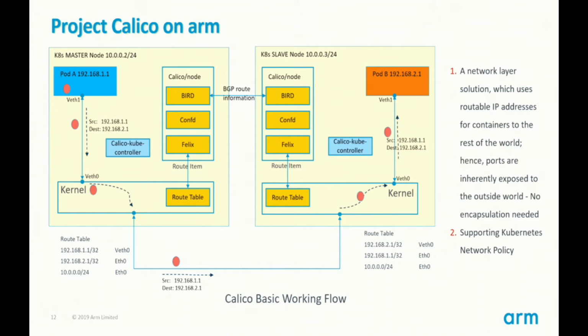And Calico can support Kubernetes network policy very well, with iptables supported inherently. So we have verified the Calico project, Calico on ARM. And actually, these days, we have deployed Calico in some of our edge computing and cloud computing projects, such as IEC.